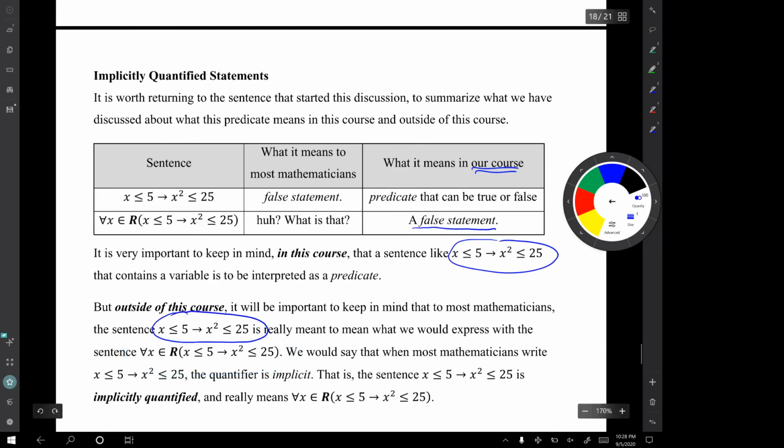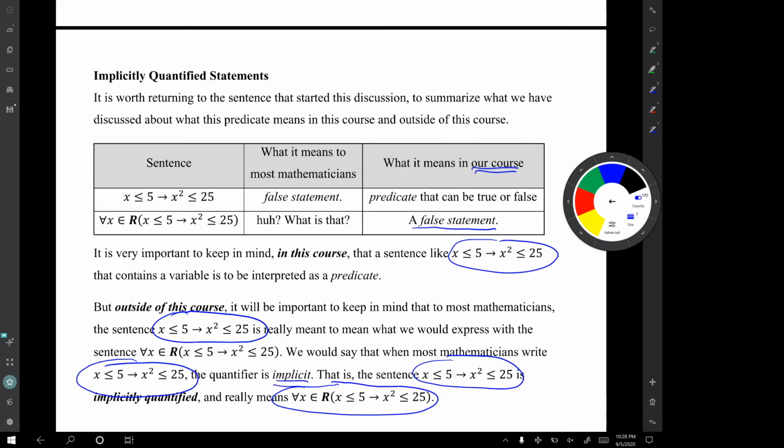What we will call this idea is that when most mathematicians write this symbol, the quantifier is implicit. That is, what they are really meaning is this. And that's why most mathematicians or most students would say this is a false statement, because what they're really thinking about is what we mean when we write this.